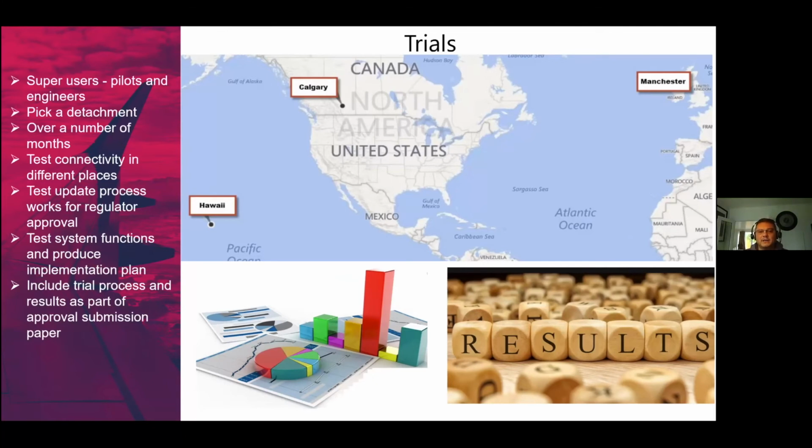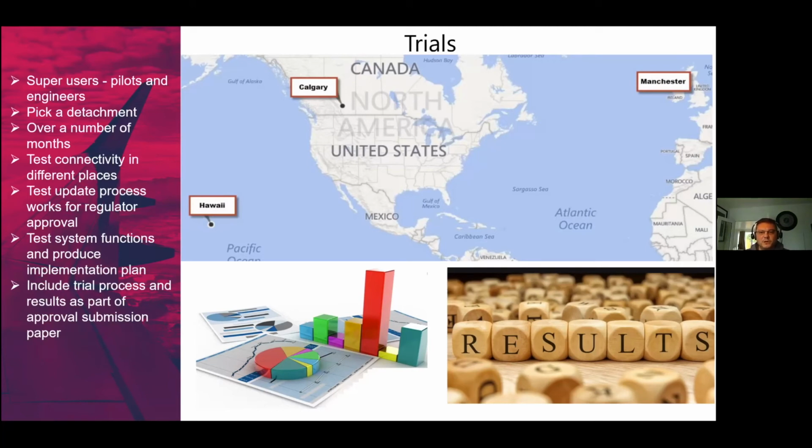So we had 3 757s operating on behalf of WestJet back in 2013, I think it was now, or 14, that operated flights from Vancouver and Calgary down to Honolulu and Maui, in the Pacific Islands, where we had a group of pilots that were there for 4 months and a group of engineers that were down there for 4 months as well. So we had a group of people that could actually use this as a trial.